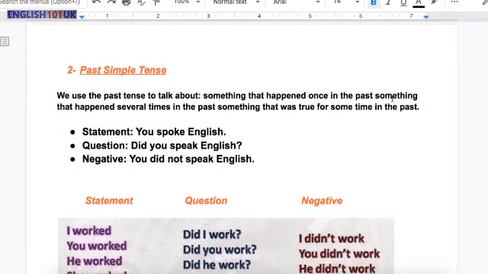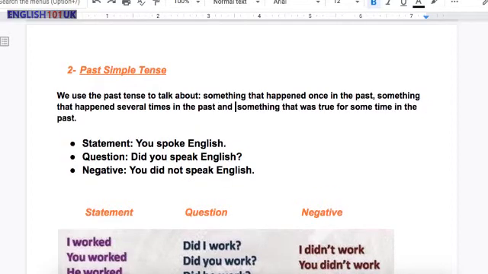Okay, let's read this definition. We use the past tense to talk about something that happened once in the past. This is one. Two, we use it to talk about something that happened several times, many times, but in the past. And we use it to talk about something that was true for some time in the past.